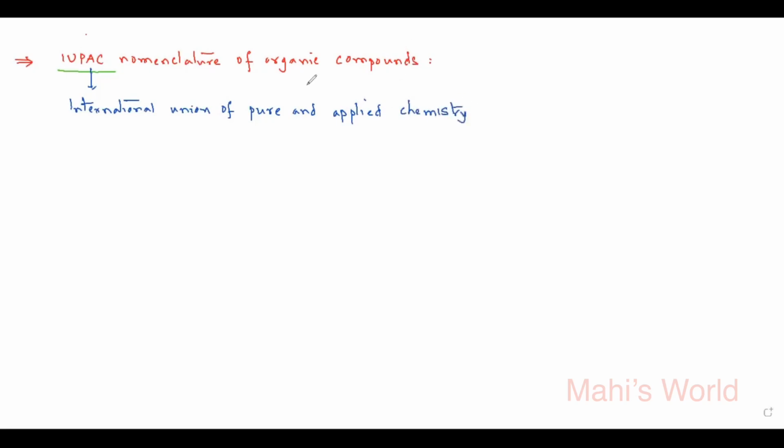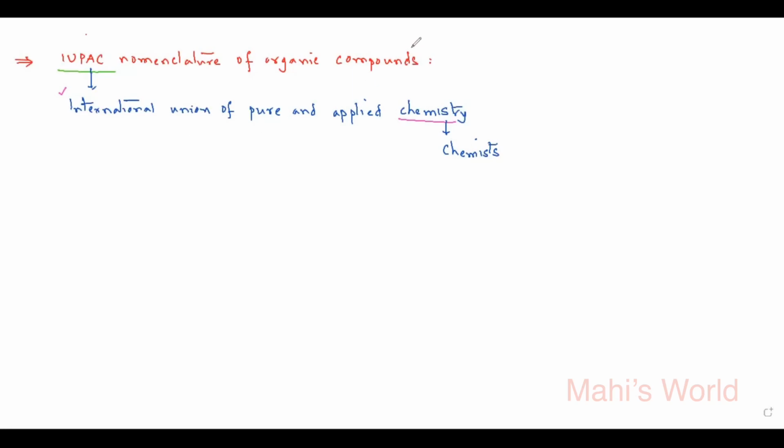Rules framed by this particular organization are in usage nowadays. It is a group of chemists which have actually developed some rules for writing the names of organic compounds.